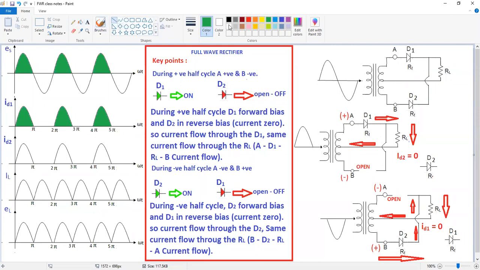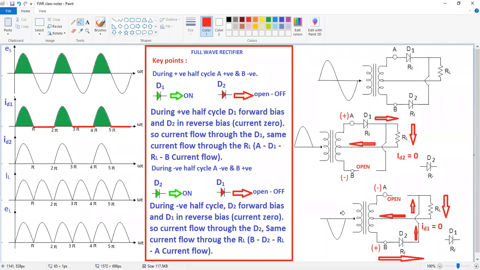Then what will happen in the negative half cycle? Here also this is 0. Now this is the current of diode D1, only D1, ID1. In the case of ID1, the positive half cycle is present, the negative half cycle is 0.